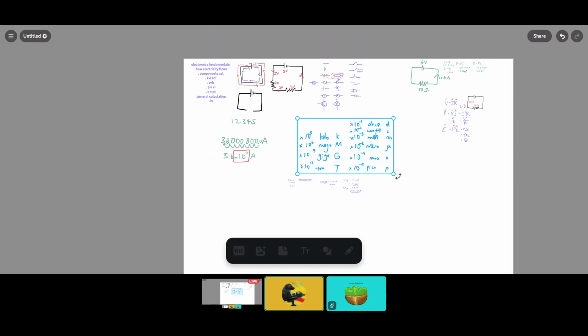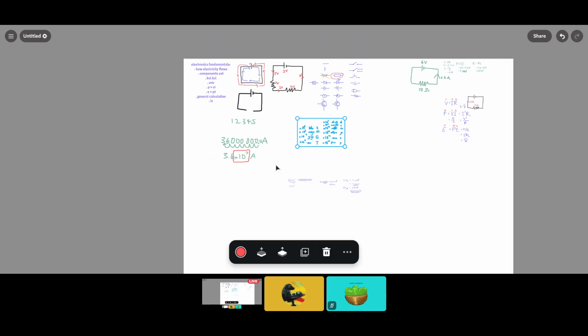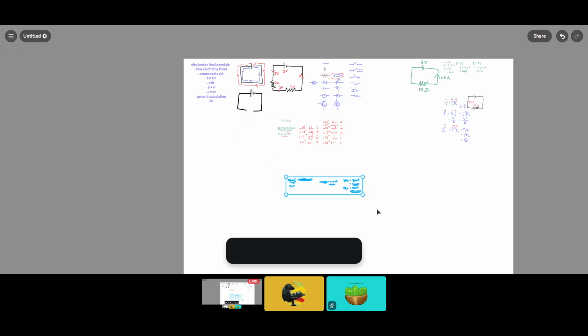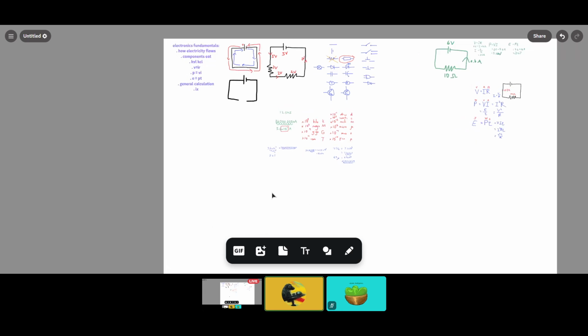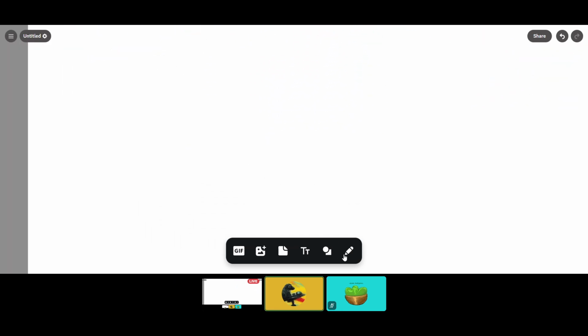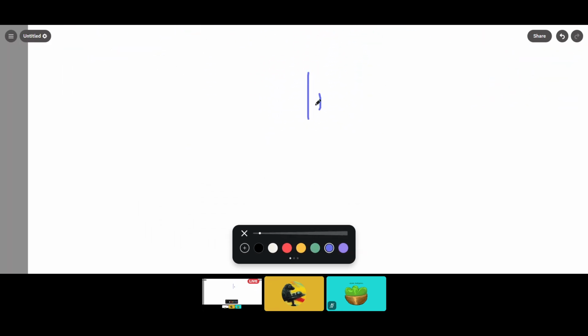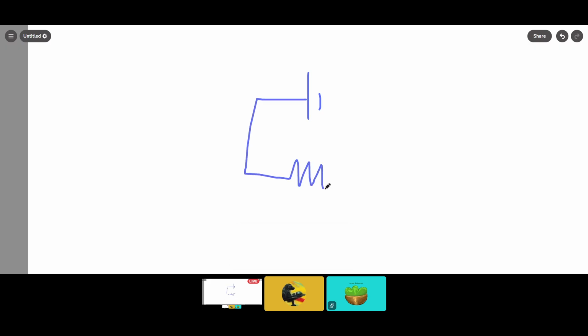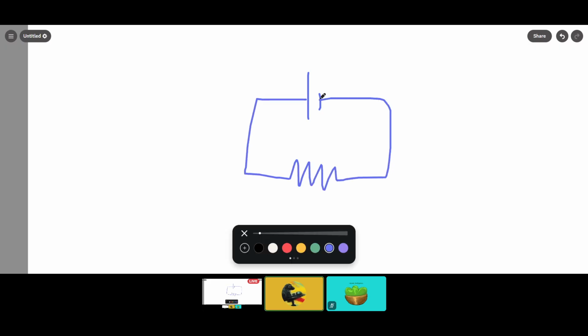Now, let me give you a test. But let me make all of this smaller first. Let's say I have this circuit. It's very simple.